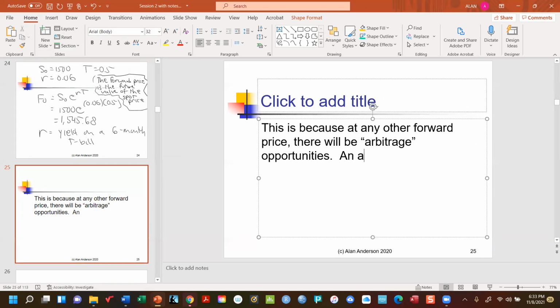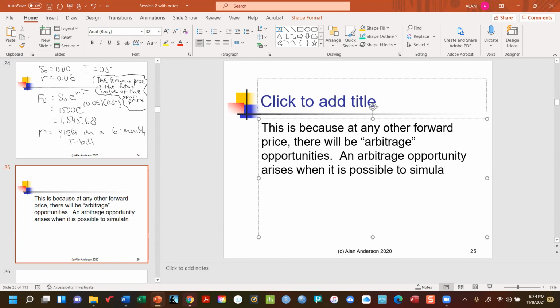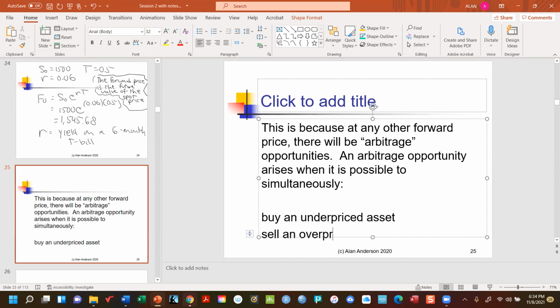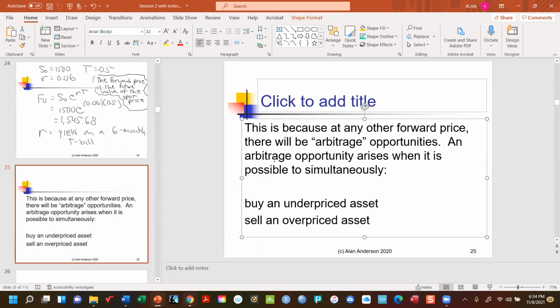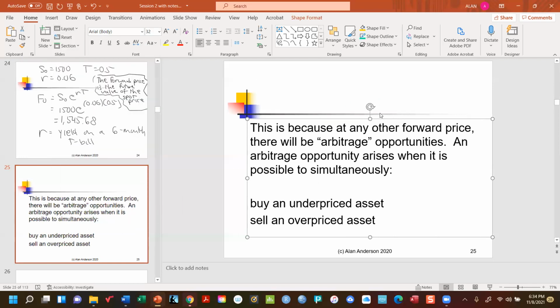Now, an arbitrage opportunity, and we're going to see a lot of that in this course, arises when it is possible to simultaneously buy an underpriced asset and sell an overpriced asset. In other words, you're making money by buying something that's underpriced, selling something that's overpriced, and you put the difference in your pocket.